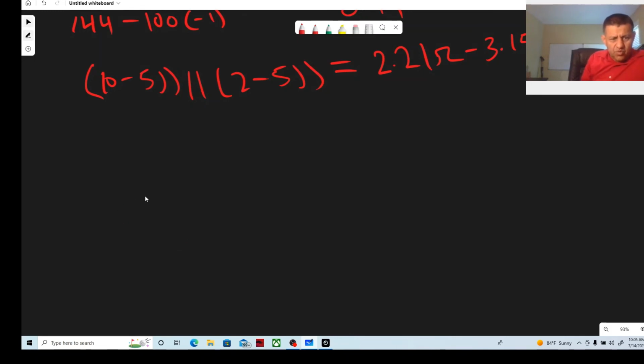So now we can do another resistor. And then notice that this is a negative 3.15j. That is a capacitor.